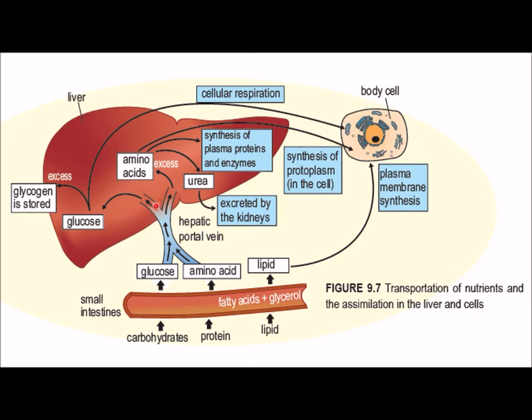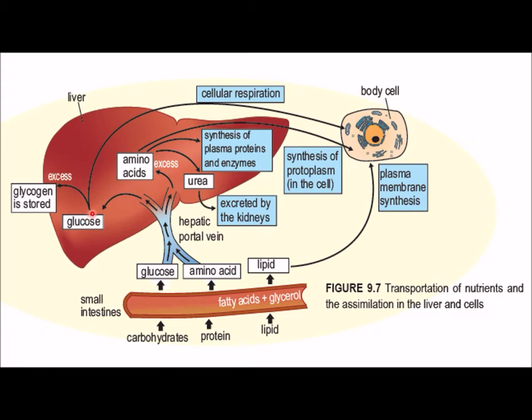Usually the glucose transported is in excess. So the excess glucose will be converted into glycogen and stored throughout the body. The glycogen will be converted again into glucose when the body cells need glucose for cellular respiration.